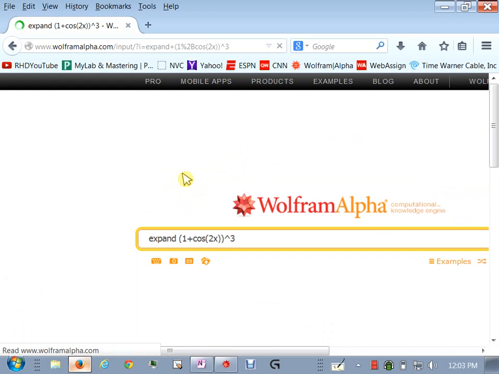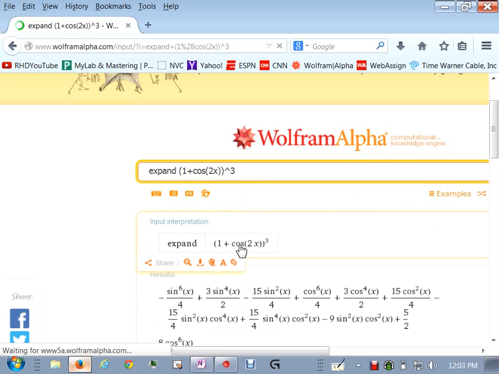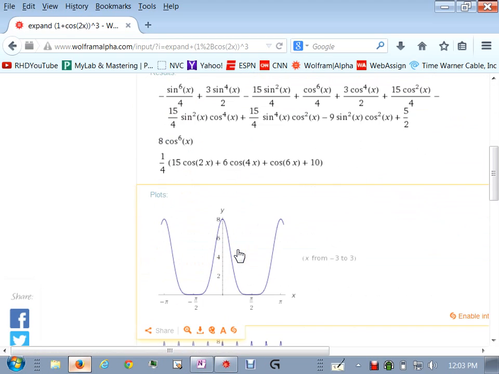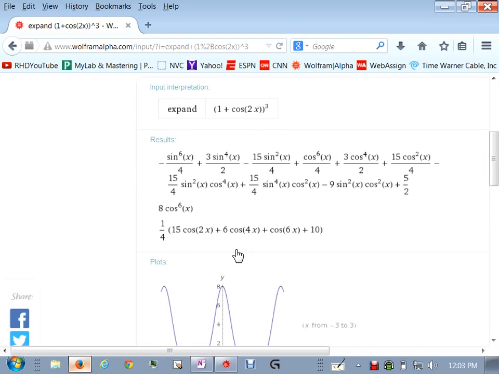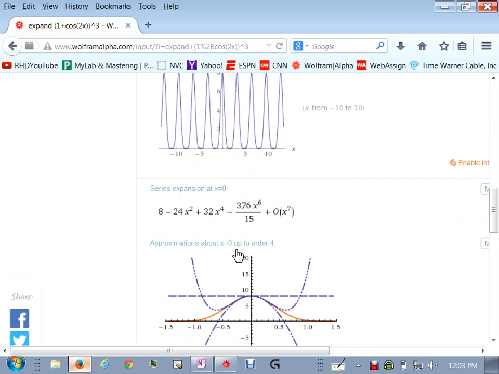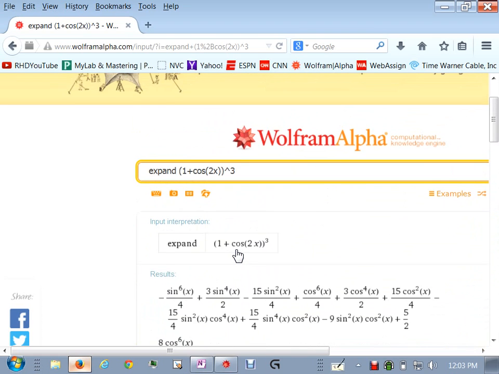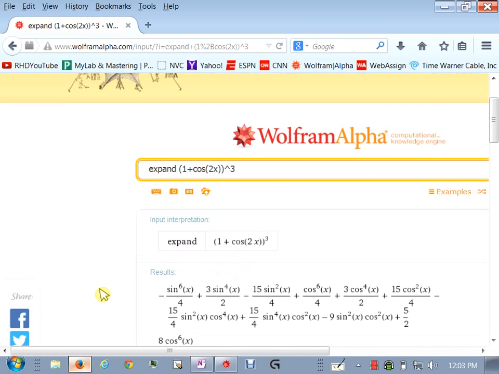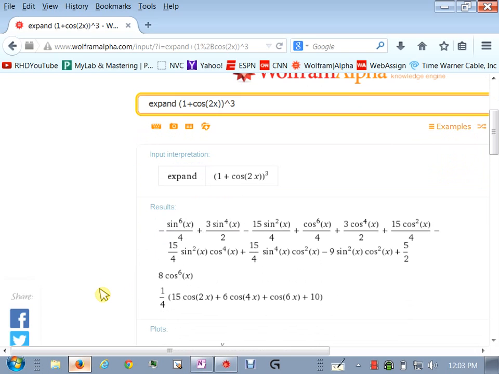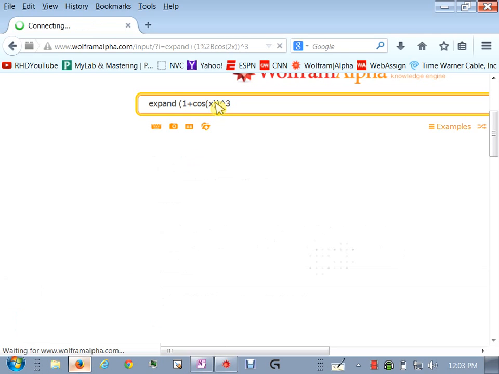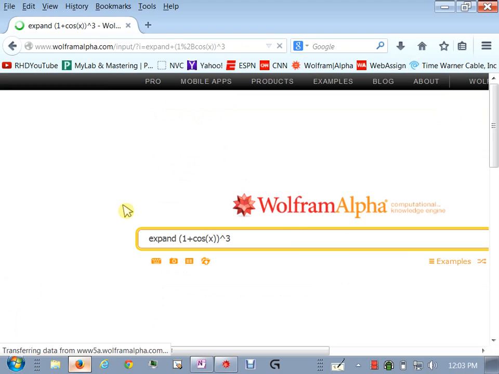So if I type in expand 1 plus cosine 2x cubed, whoa, Wolfram Alpha is too, wow. Why didn't it expand that properly? Because what it's trying to do here is use all these double angle identities. Let me change that to just x, and it'll keep it cleaner.